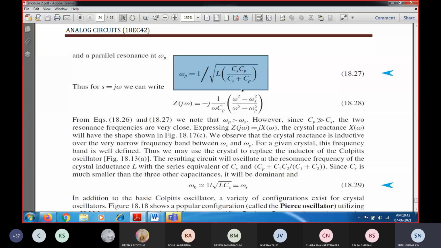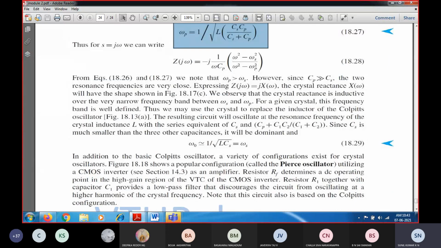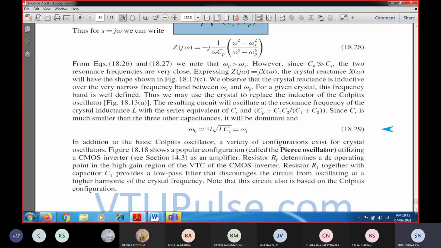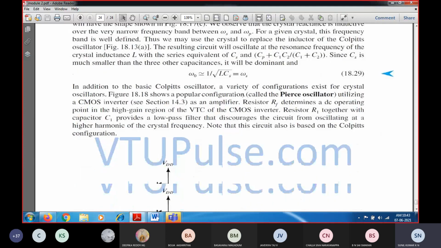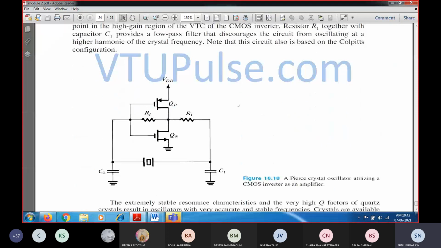And then another oscillator which we are going to consider, just for stable oscillation, is the Pierce oscillator. The circuit diagram of the oscillator consists of a CMOS inverter amplifier, and the crystal has been connected in parallel to the CMOS inverter.